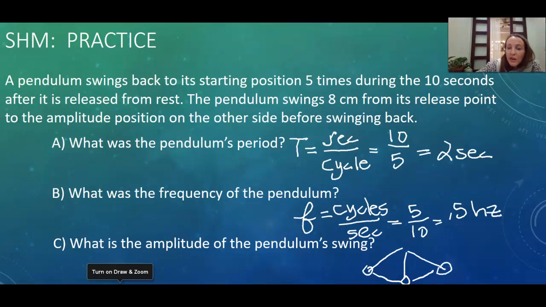So from here all the way to here, that would be 8 centimeters. So the amplitude would be 4 centimeters, and another 4 centimeters on the other side. Anyway, the amplitude would be 8 divided by 2, which is equal to 4 centimeters.